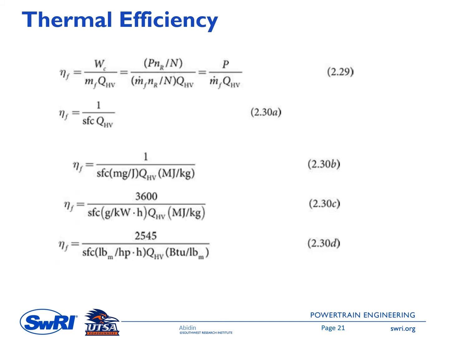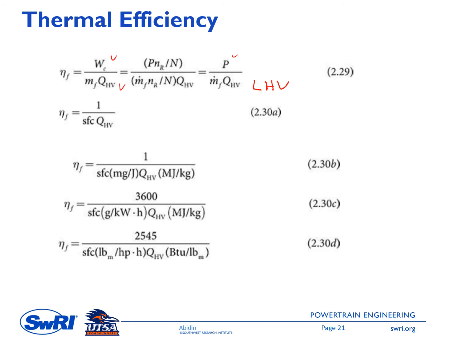The second parameter to represent engine efficiency is thermal efficiency. This is the ratio between the engine work and the fuel energy, or if it is formulated in a power parameter, we have P over m_F dot times Q_HV. This is the fuel mass flow rate times Q_HV, the lower heating value of the fuel.